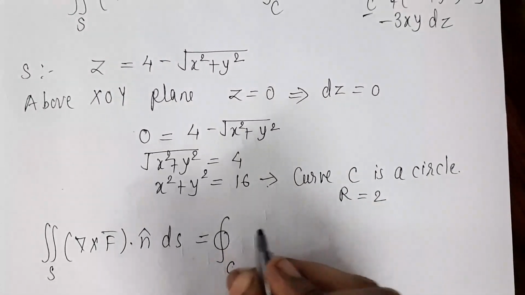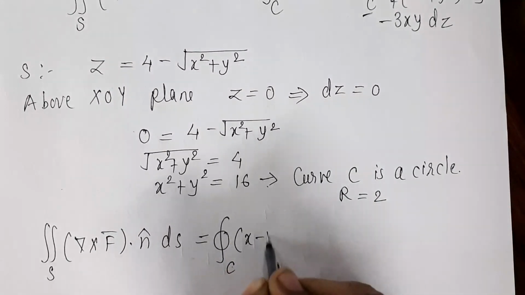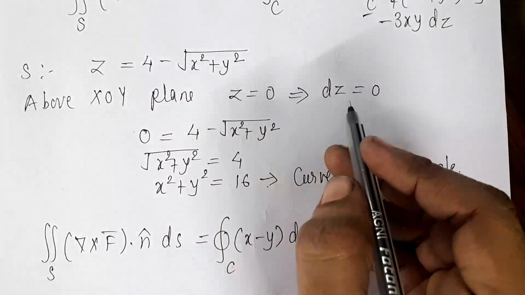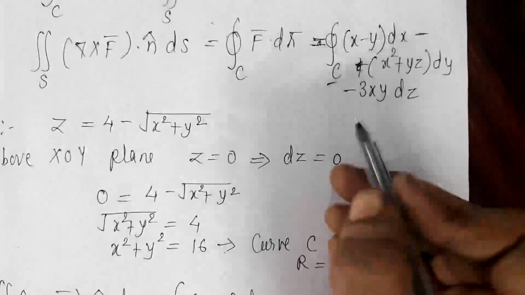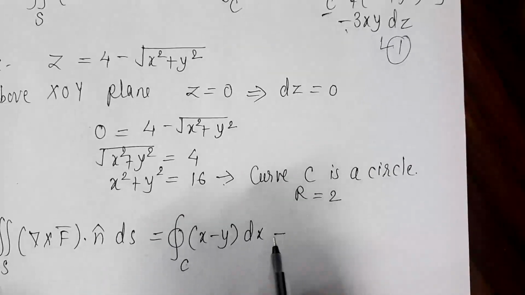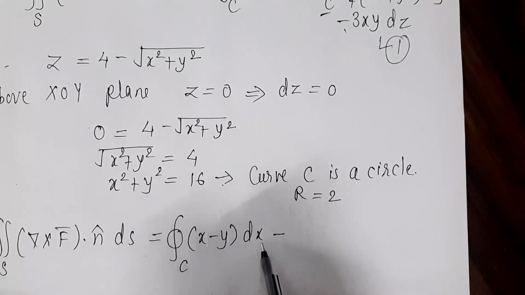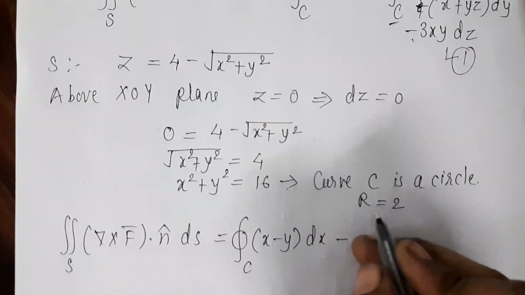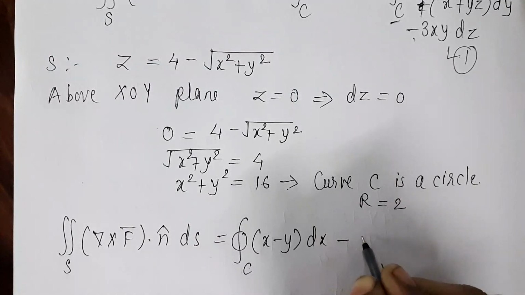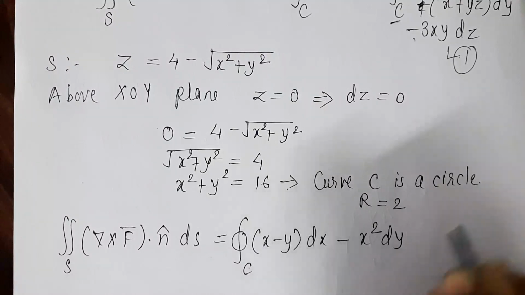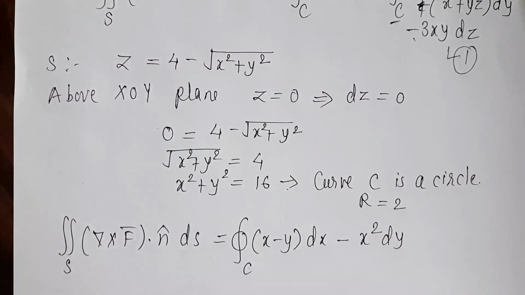So x minus y into dx remains as it is, minus here z is equal to 0 and dz is equal to 0. That we are going to substitute in equation number 1. So x minus y dx as it is. Next is minus x square dy and the next term is dz. So it is equal to 0.